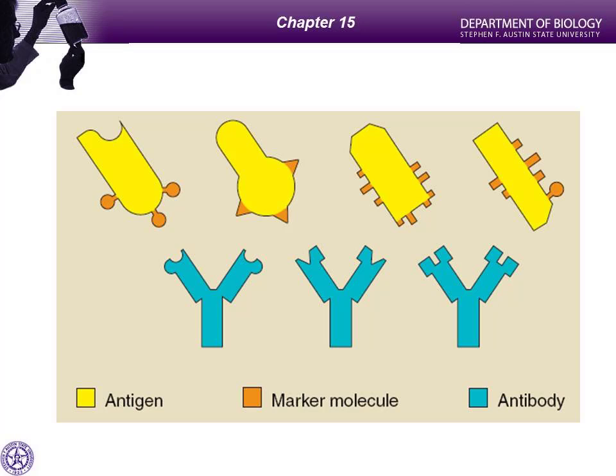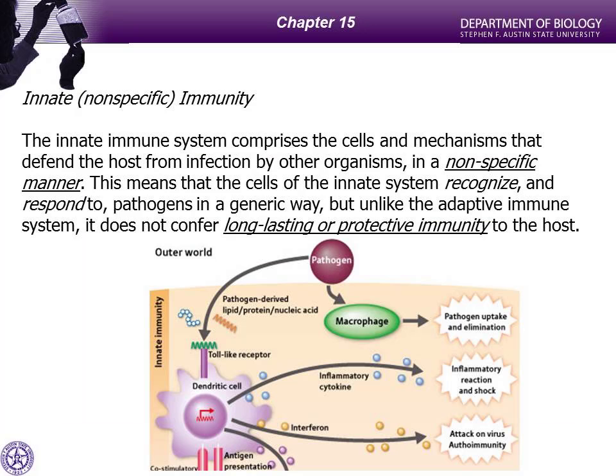But before we get into the specifics of it, your body also has a whole series of mechanisms that can prevent infections and resist foreign materials in non-specific ways. These defenses don't care what the pathogen is; nothing's going to get in. We refer to these collectively as the innate or non-specific immunity.